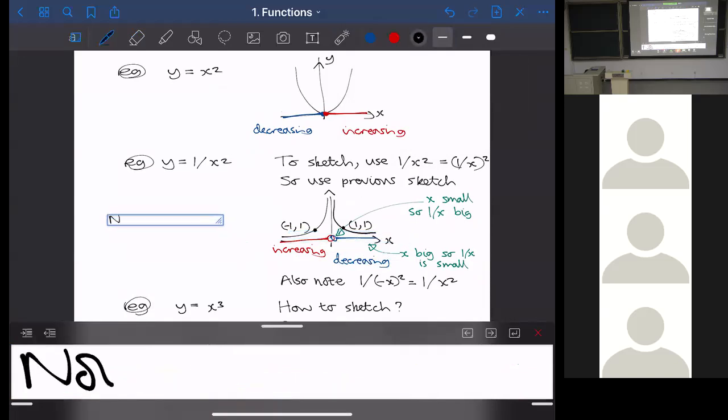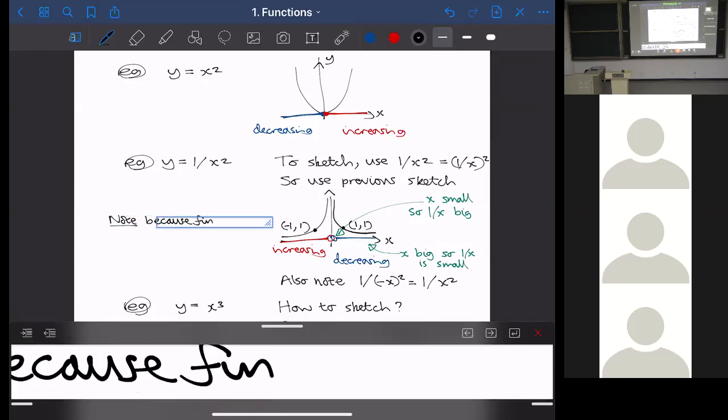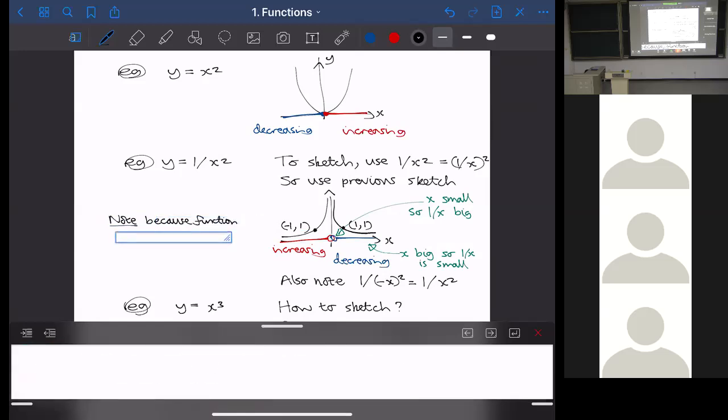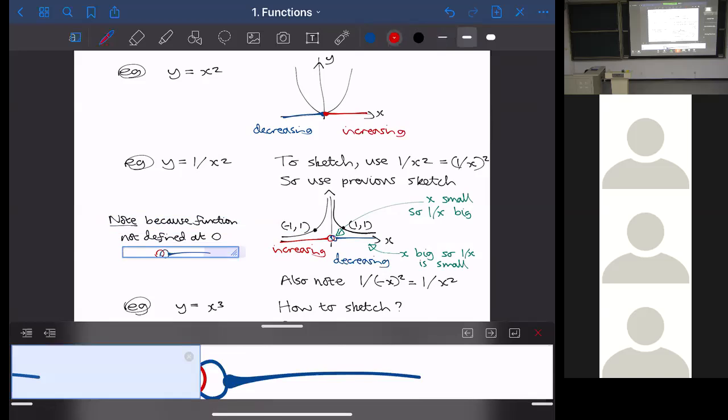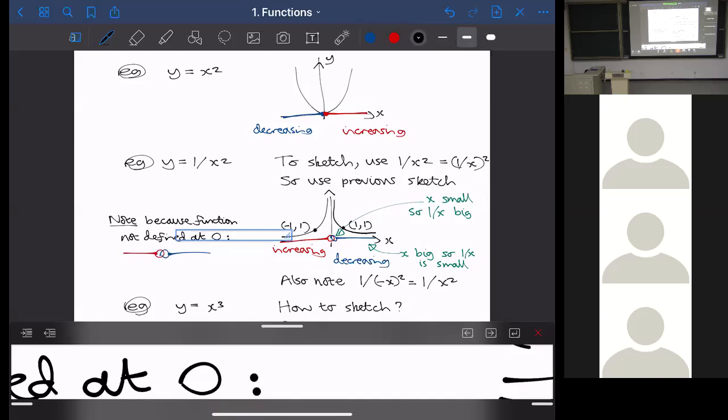So note, because the function is not defined at 0, I draw like this. Okay.